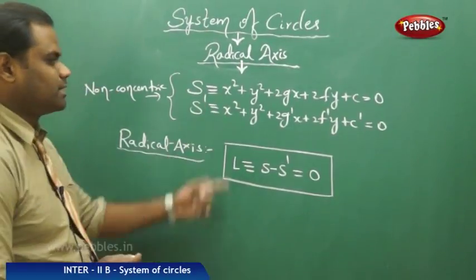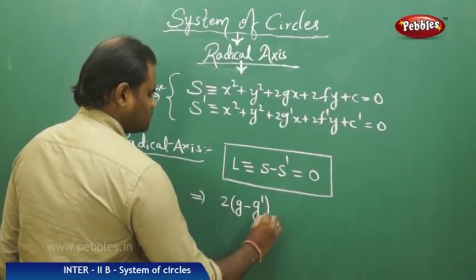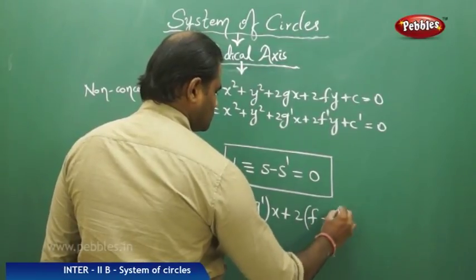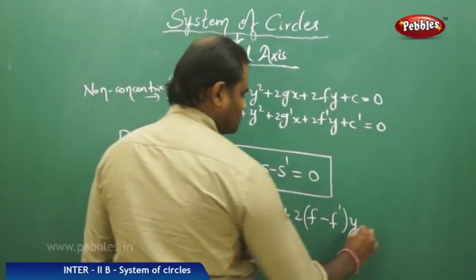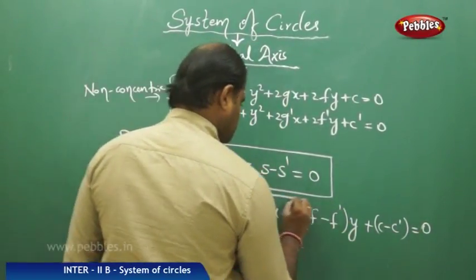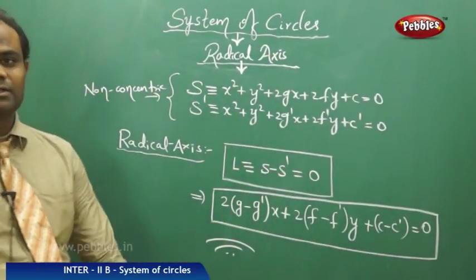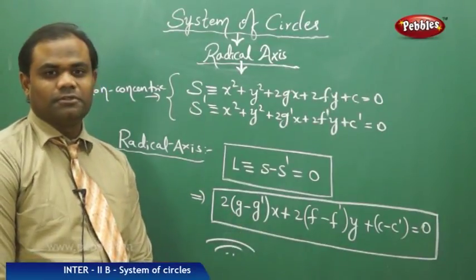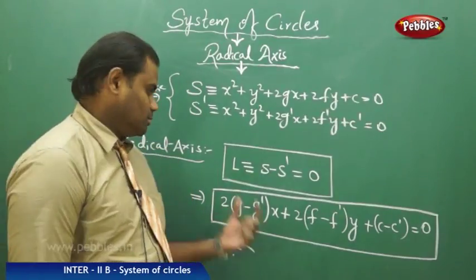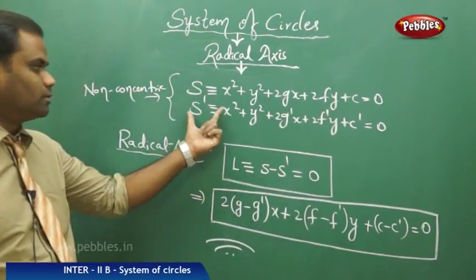That is how we get the radical axis equation, which is a straight line. So the radical axis is a straight line given by the equation L equals S minus S dash equal to 0, the subtraction of the two circles.